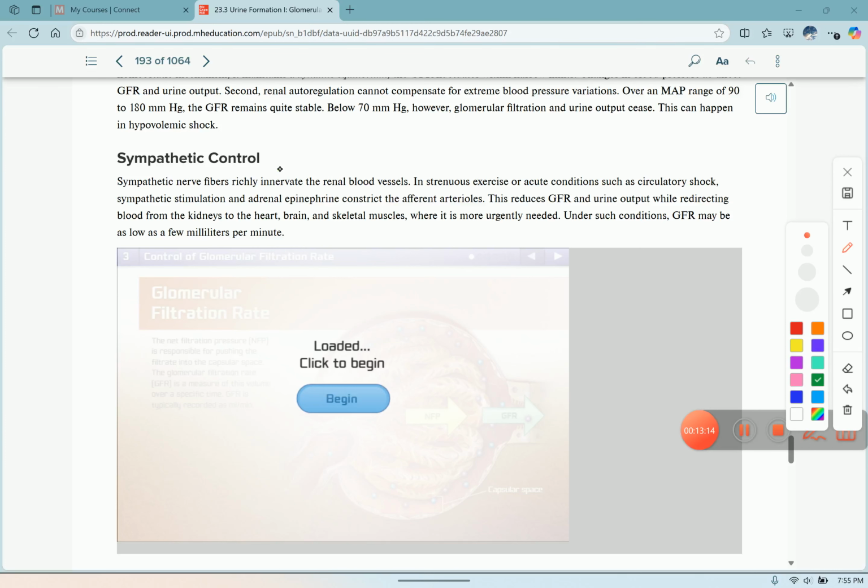Under sympathetic control, now remember this is fight or flight. We can simply say this is the stress nervous system, and what is responsible for that is epinephrine and norepinephrine, also known as adrenaline. When you're in sympathetics, blood is actually decreased to the kidneys, and blood is therefore increased to your heart, to your lungs, to your skeletal muscle.